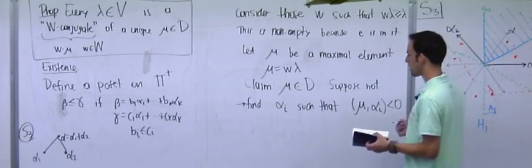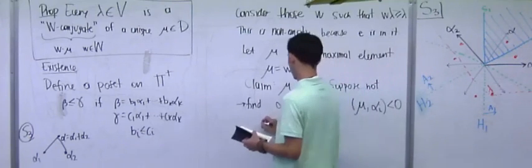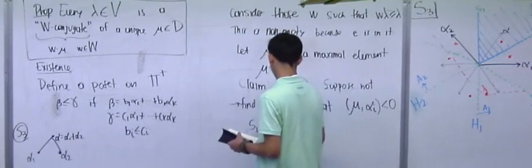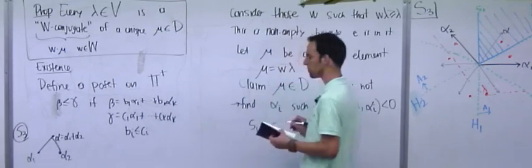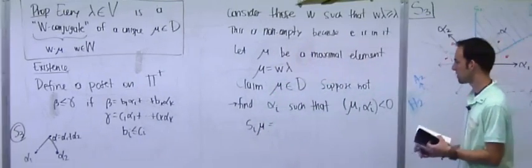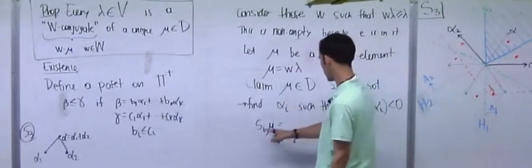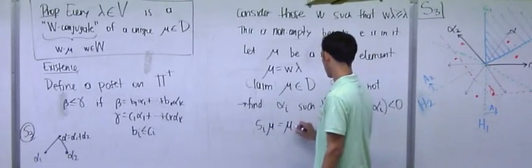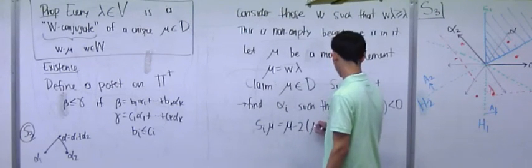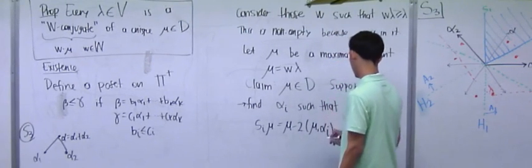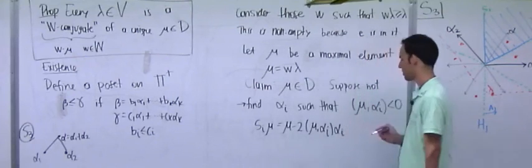But then what I'm going to do is consider S_i times mu. So what does S_i do when I operate on mu? Well, this is mu minus 2 inner product of mu alpha_i times alpha_i.